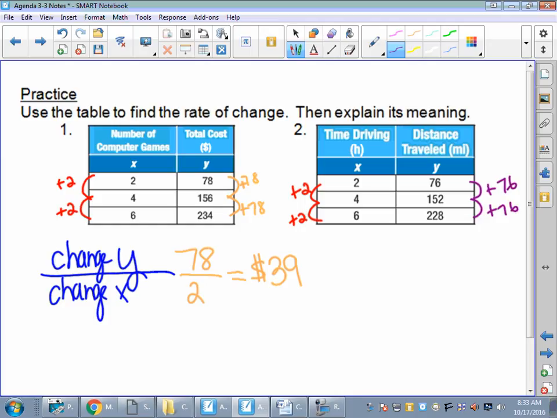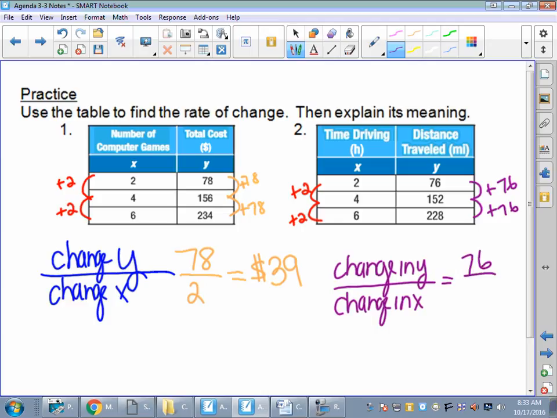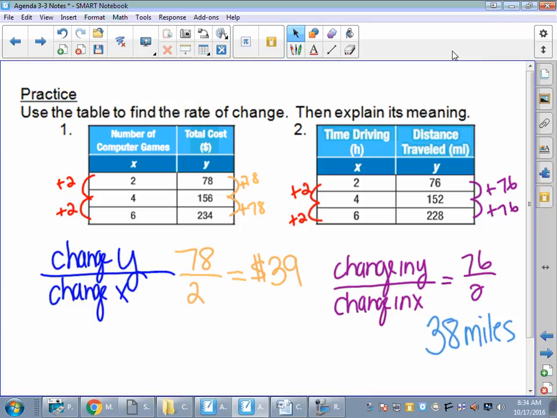So for every 2 hours, we go 76 more miles. So what is my change in y over my change in x? So 76 over 2. So that's saying for every 1 hour, we drive 38 miles. It's kind of like that unit rate as well that we talked about.